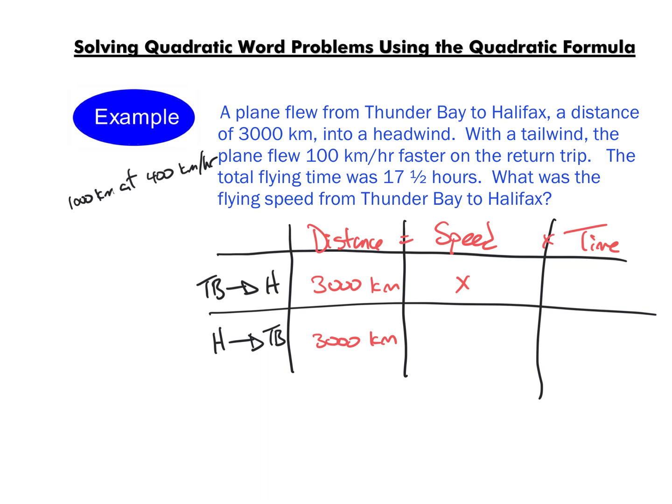You divide your distance by your speed, and you get 2.5 hours.